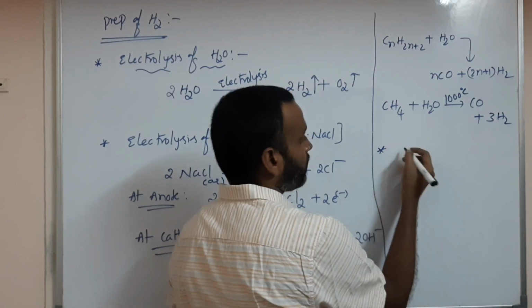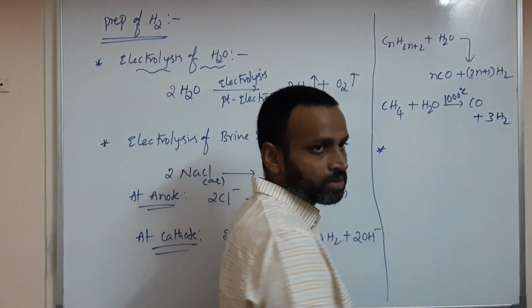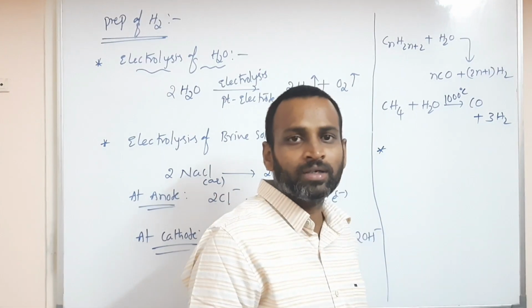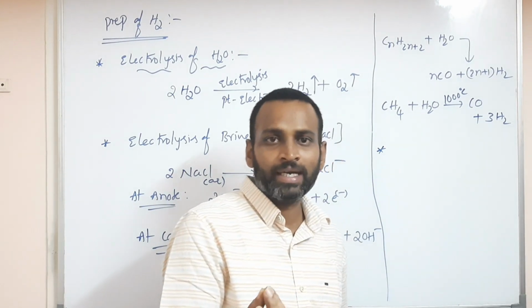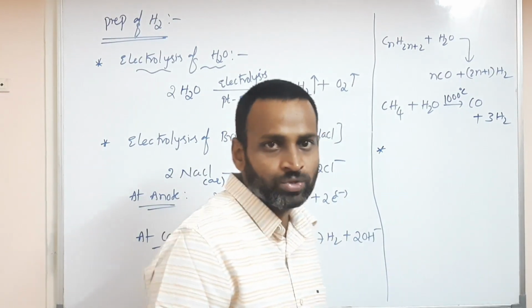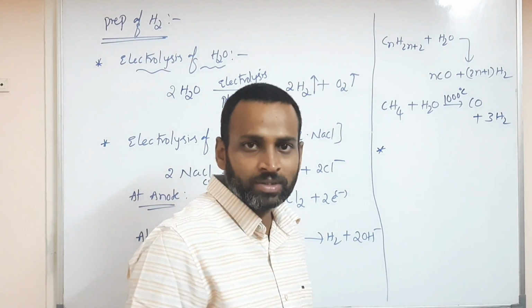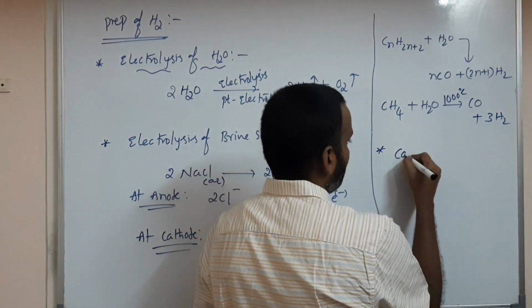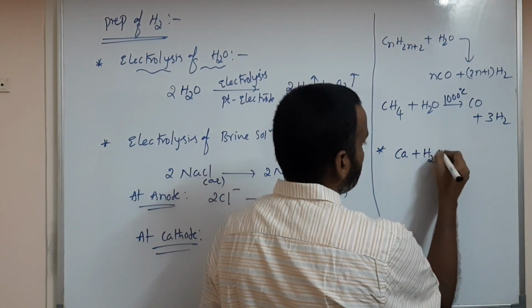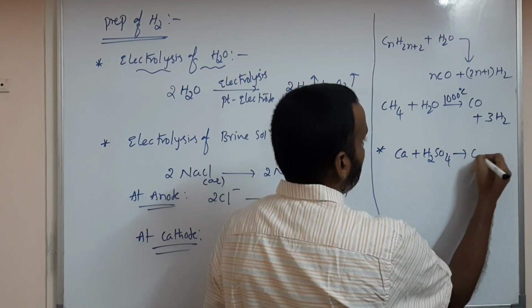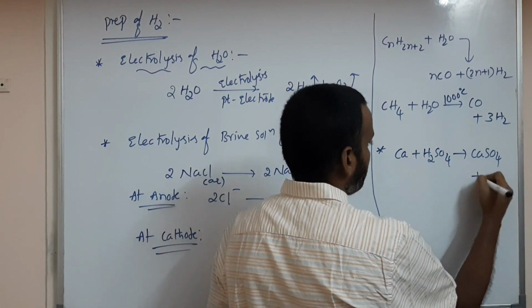Next, one more important thing is metals reacting with acids, then you will get H2, because metals replace hydrogens, right? Suppose calcium reacts with H2SO4, then you will get calcium sulfate plus H2.